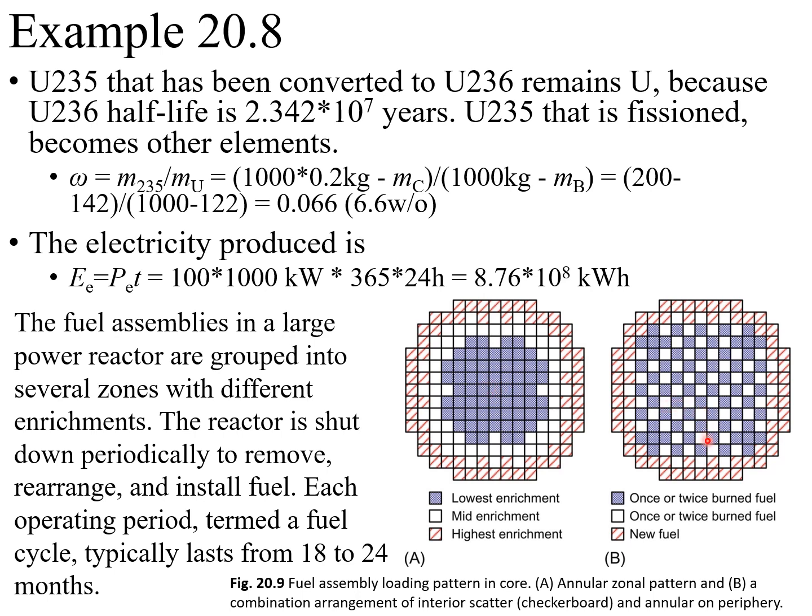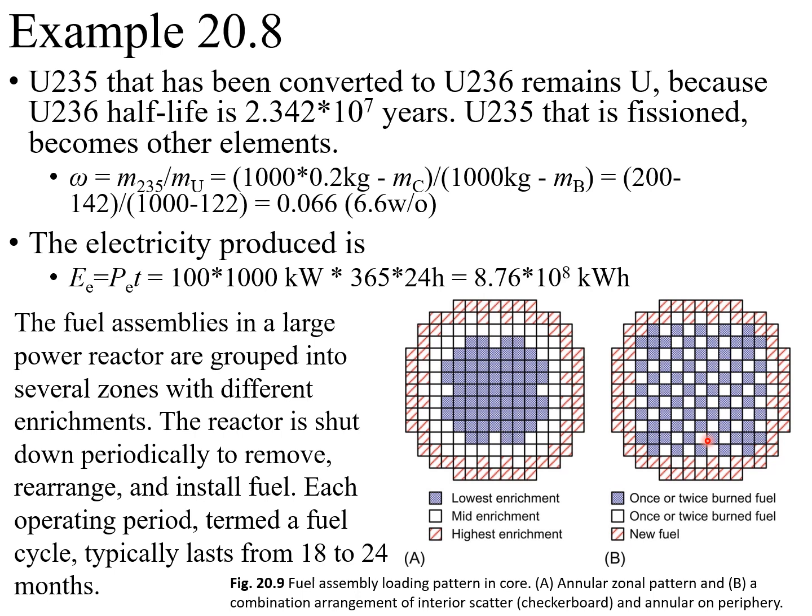Alternatively, you can also have this checkerboard arrangement. The reactor is shut down periodically to remove some of those fuel assemblies, then rearrange the rest of the fuel assemblies and also install the new fuel assemblies.